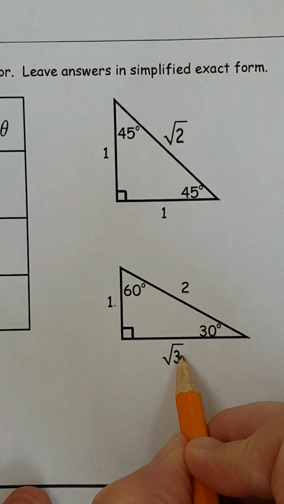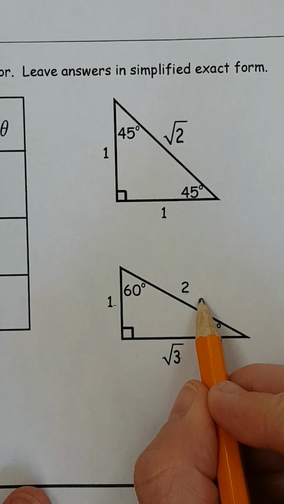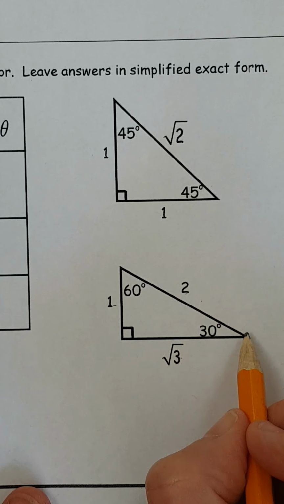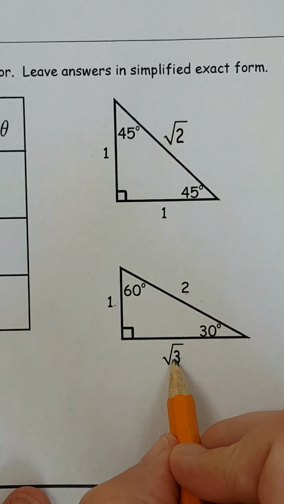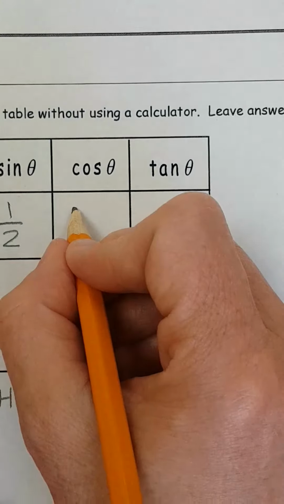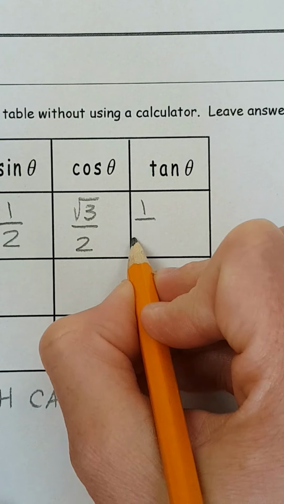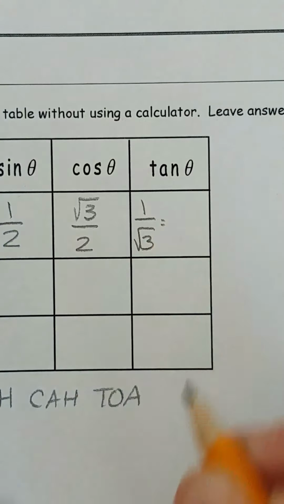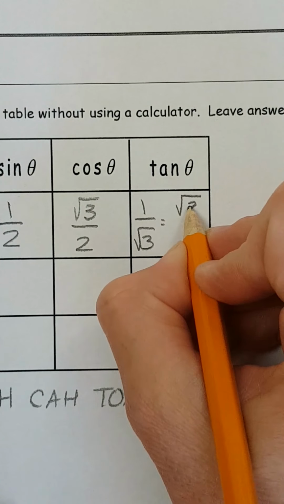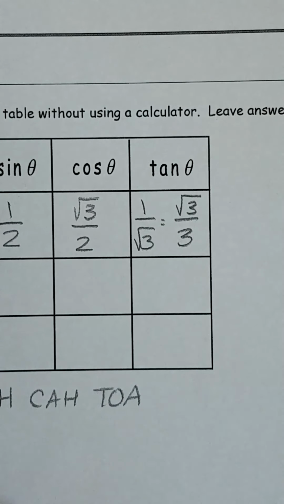Adjacent, the side next to. And tangent is opposite over adjacent. So 1 over root 3. And instead of showing you the whole multiplying by root 3 over root 3, by all means, we can take a shortcut. And so that's what we're looking for there.